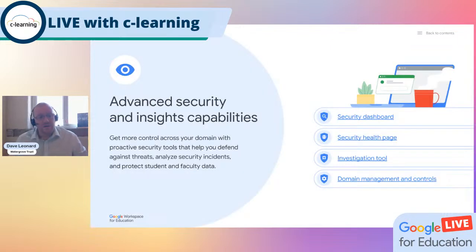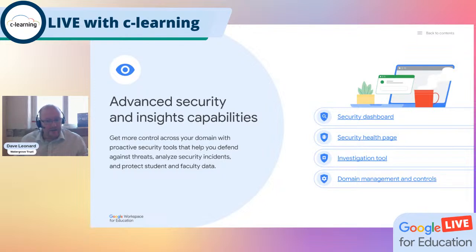But today we're talking about advanced security and insights capabilities, and they fall into 4 broad categories. So we've got the security dashboard, where we can see the kind of insights into what's going on. We've got the security health page, where we can get an indication of anything that's not quite right within our domains. We've got the investigation tool, which allows us to dig deeper into what's going on.